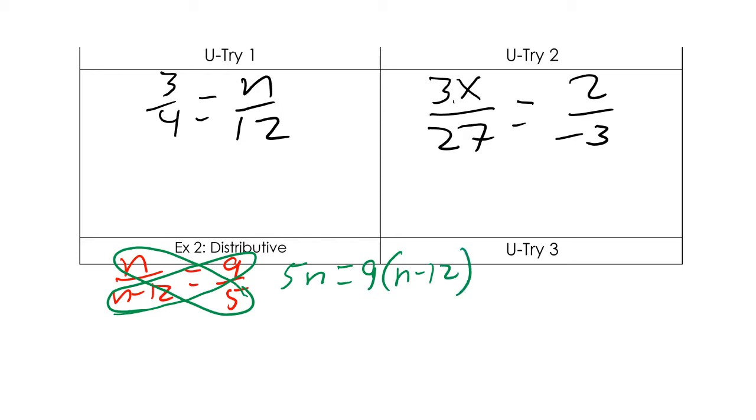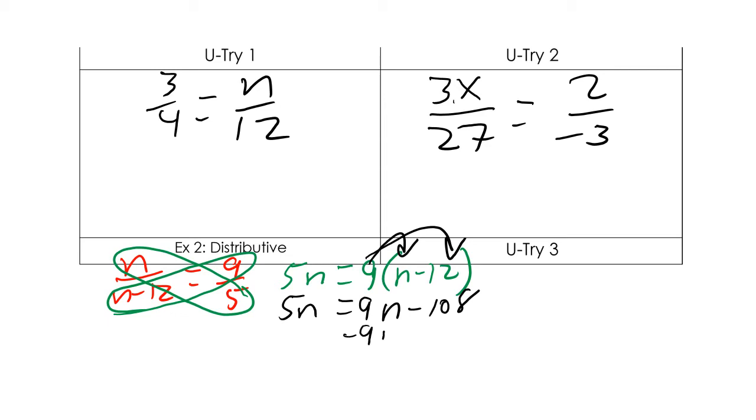I always have to use parentheses when I'm multiplying more than one term. And I have 9 times n minus 12. I'm going to use my solving techniques. Distribute the 9. I get 9n. 9 times negative 12 is negative 108. Bring down the equals 5n. And there's our two-step equation.